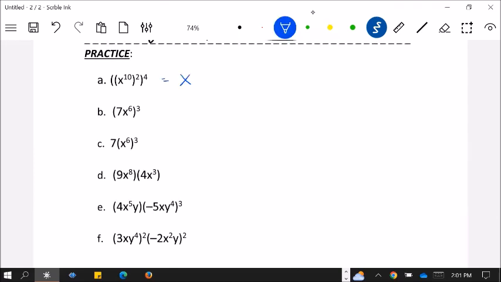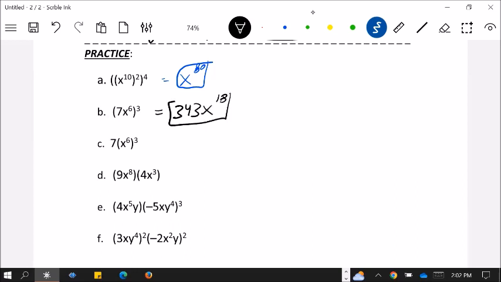So this one is x to the 80th power. Next, we have 343x to the 18th power. Then we have 7x to the 18th power.